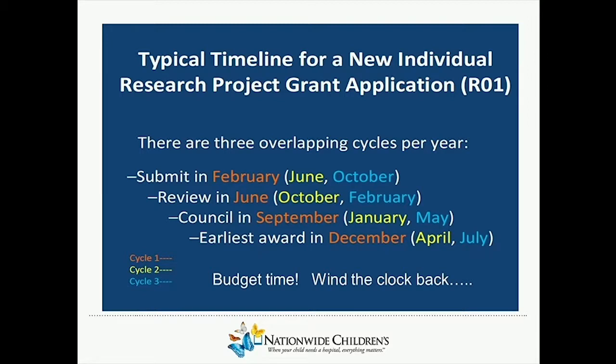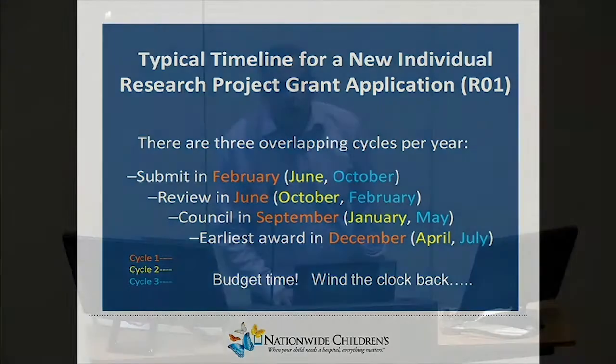So you submitted your grant in February. The earliest you could get your money would be December or January of almost a year later, right? So it takes a long time to get that feedback. Now, you should then think about when you want to submit and then wind the clock back to when you should start with your writing process.